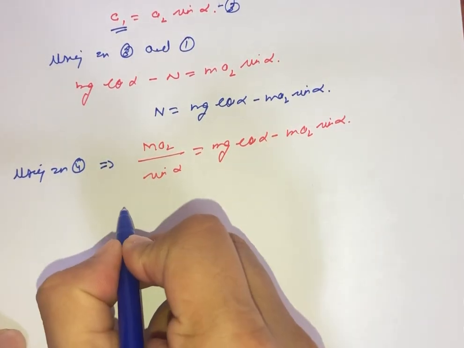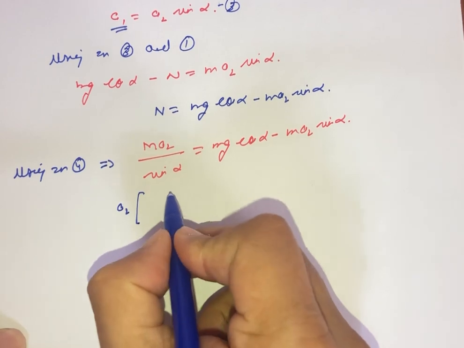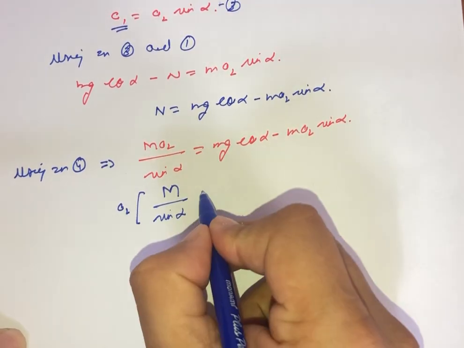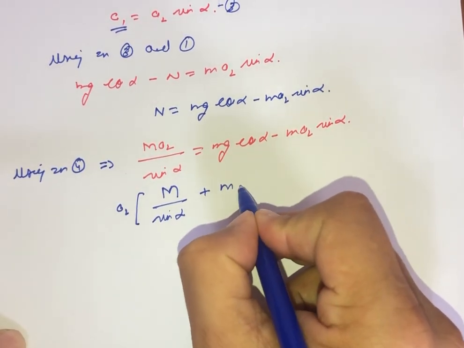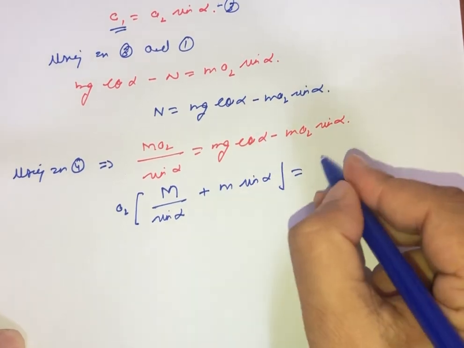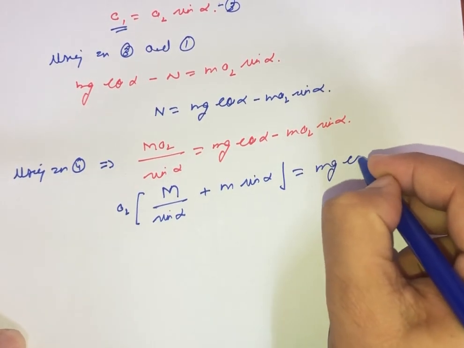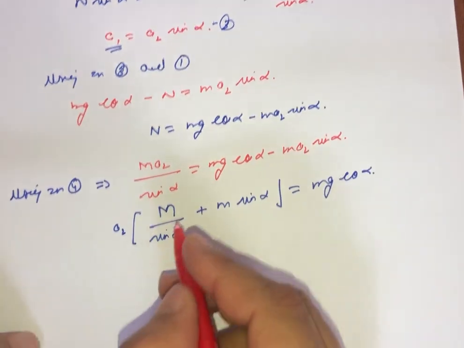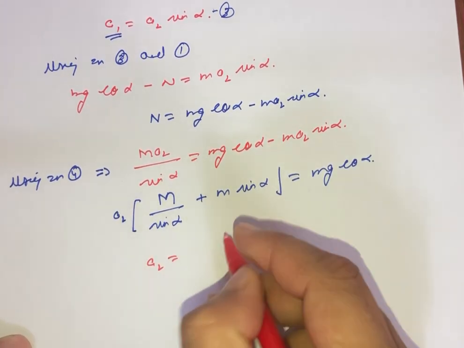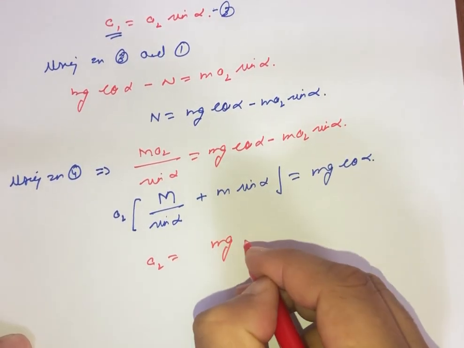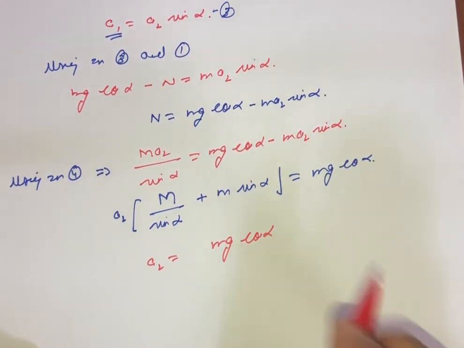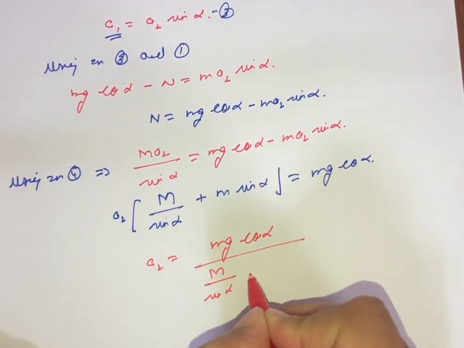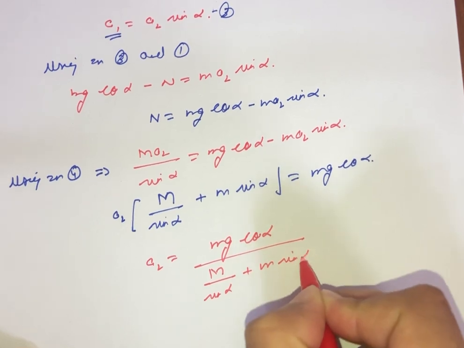We can write A2 times (M divided by sin alpha plus m sin alpha) is equal to mg cos alpha. From here we can simply find out our A2. A2 will be equal to mg cos alpha divided by (M divided by sin alpha plus m sin alpha).